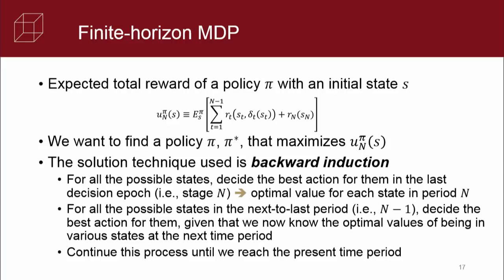All right, so far, we've discussed the basic components of the Markov decision process with an example. So we now discuss how to find the value of the finite horizon Markov decision process model. For the finite horizon Markov decision process, the expected total reward of the policy pi with an initial state S can be defined as a function U. So U represents the total expected reward if the decision maker follows the policy pi.